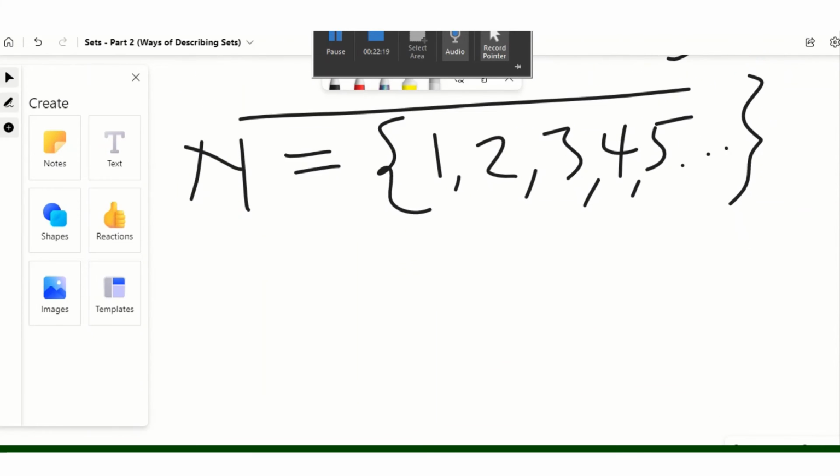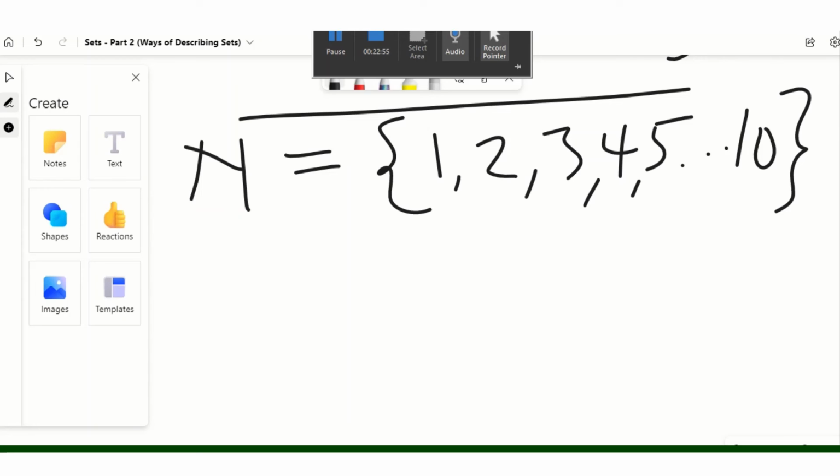Now, if you look at this set carefully, let me add something here in the mix. I'm adding this, 10. So you have 1, 2, 3, 4, 5, then ellipsis, then it ends at 10. This is a way of describing the set using the first method by listing the members.